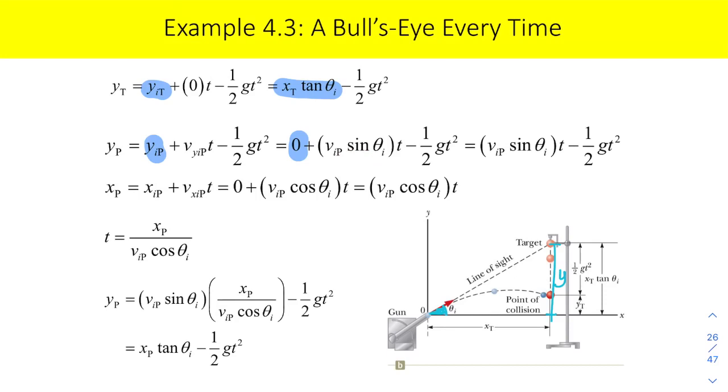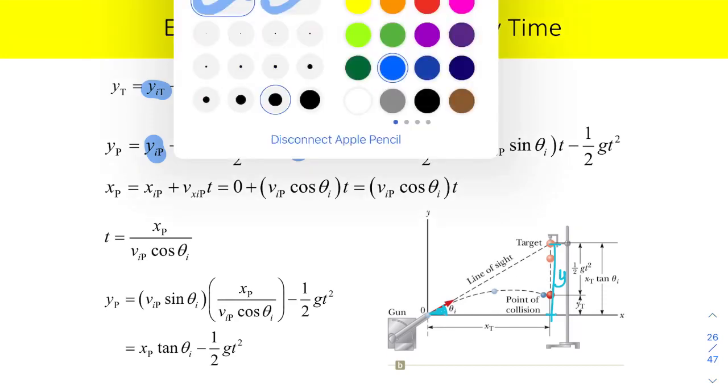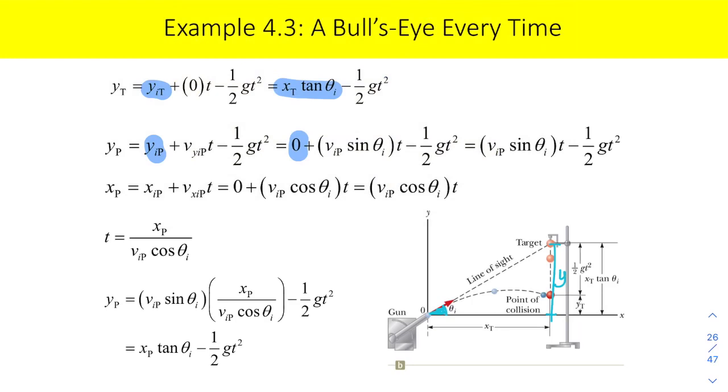Why is it sin? As we derived before. For the x component, we've got no ax, so we don't have to use the formula for ax.